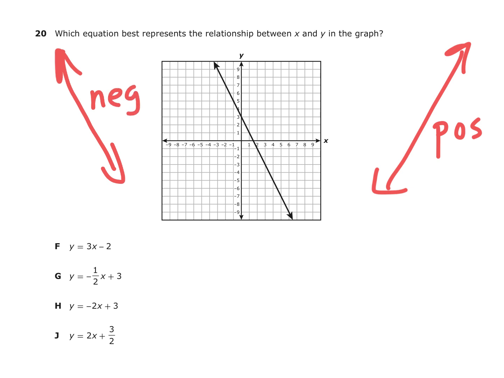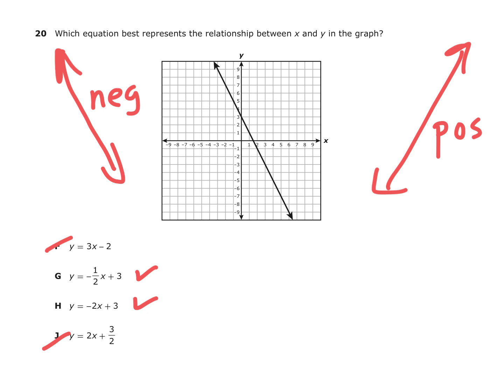And we're talking about slope as the rate of change. So in this problem, you're going to have either negative 1/2 or a negative 2. So it could be either this one or this one, but it can't be that one or that one, because those would be going up left to right.